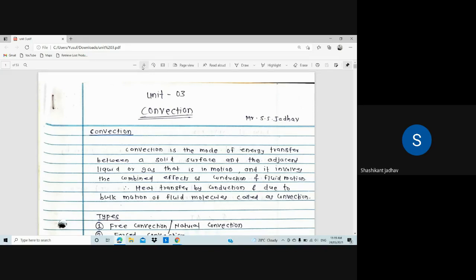Heat transfer by conduction and due to the fluid motion.